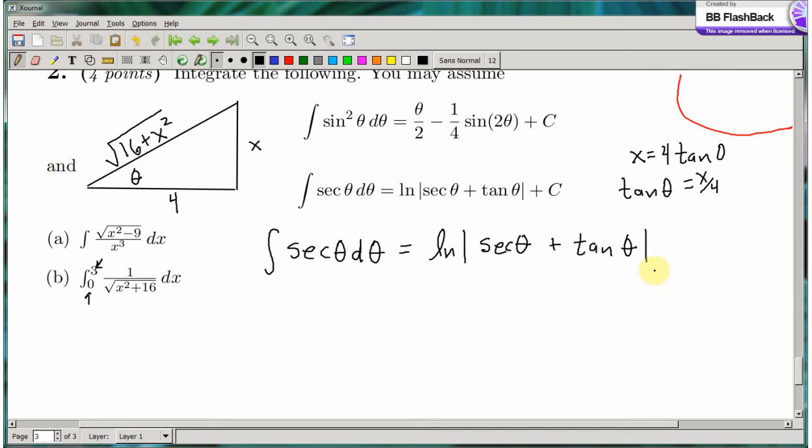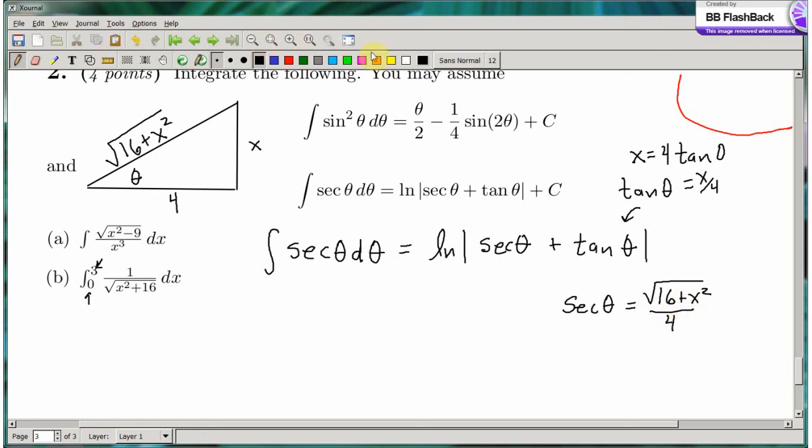Okay, so I've got tangent here, so I can do the tangent in terms of x, but what is secant? So secant is hypotenuse over adjacent. So secant theta is going to be the square root of 16 plus x squared over 4.